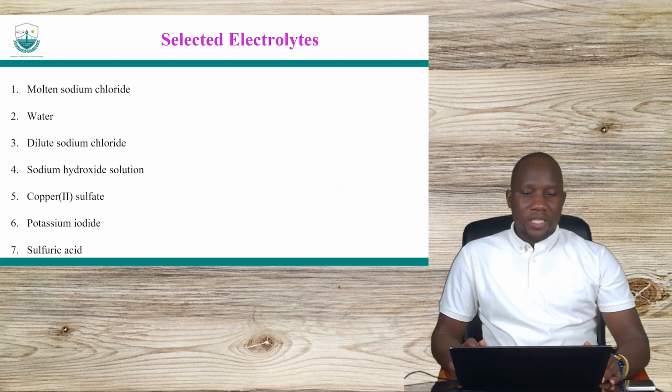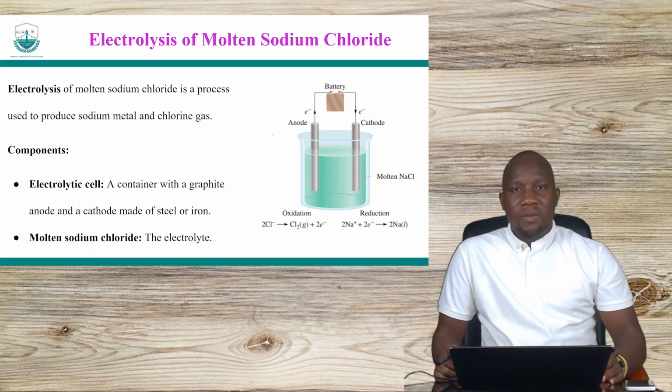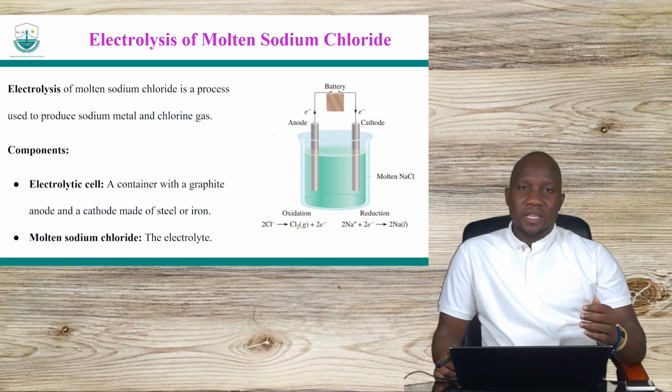So we are going to look at the electrolysis of a number of these electrolytes, and we are starting with molten sodium chloride. Molten sodium chloride is basically the opposite of diluted sodium chloride. Here we are not talking about any water being present.